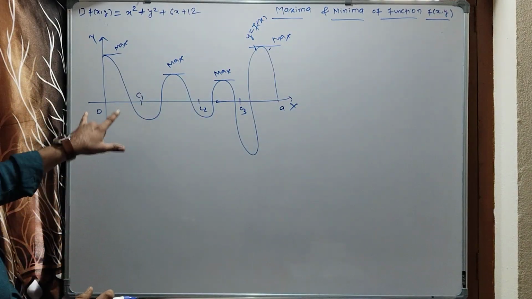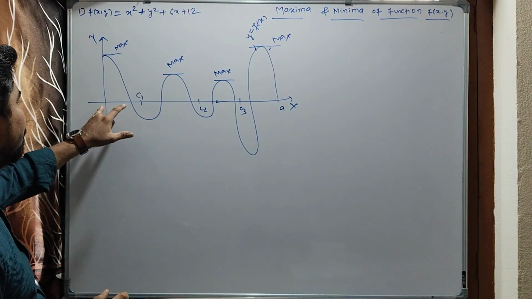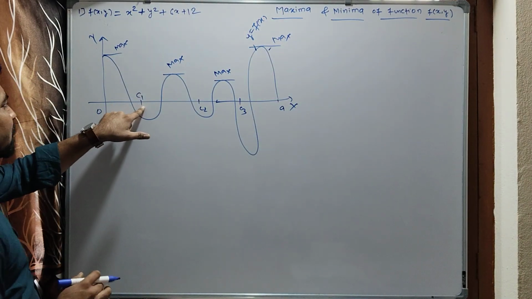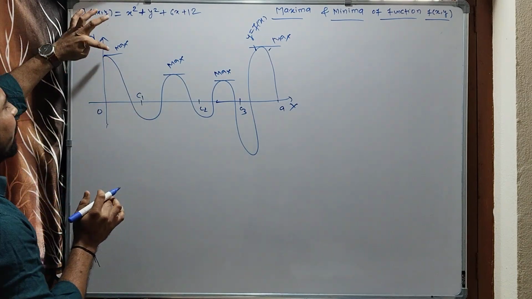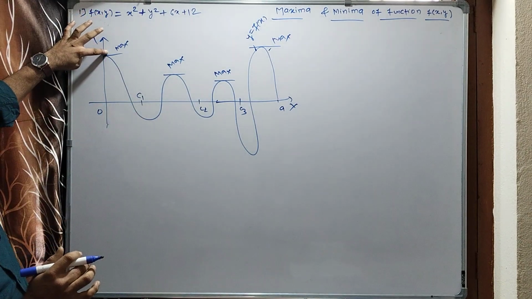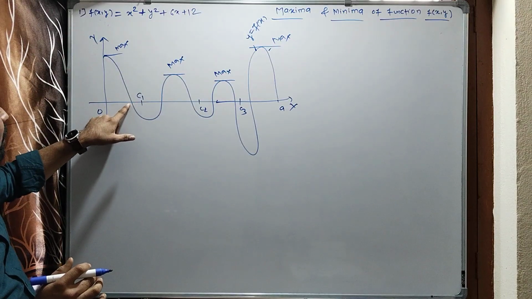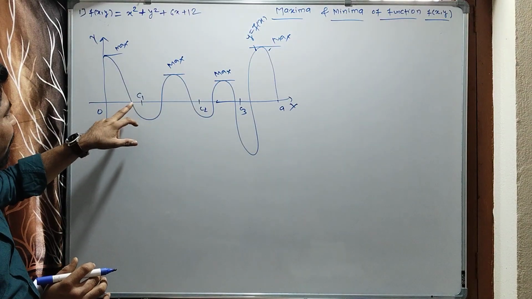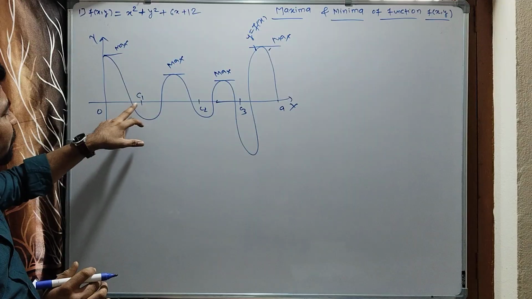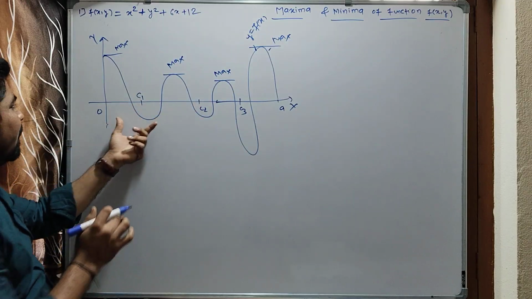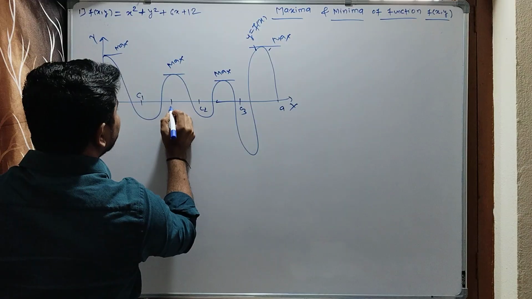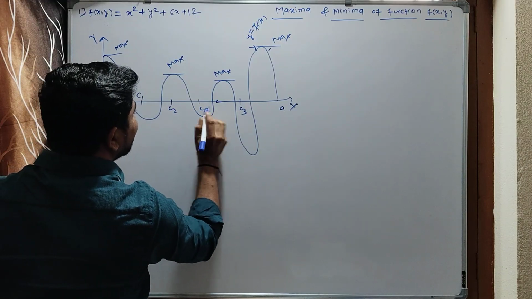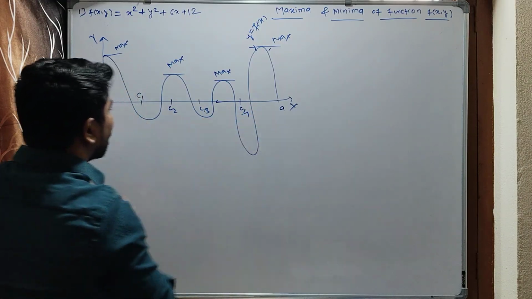Just observe one thing, from the closed interval, let's say from 0 to C1, my function attains a maximum value at this point, and a minimum value here. And from C1 to C2, I will define one more, let's say C2, and let's say this is C3, and this is C4.